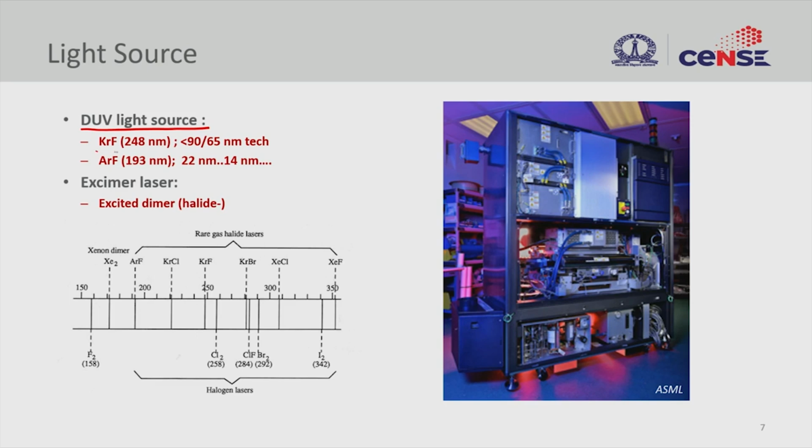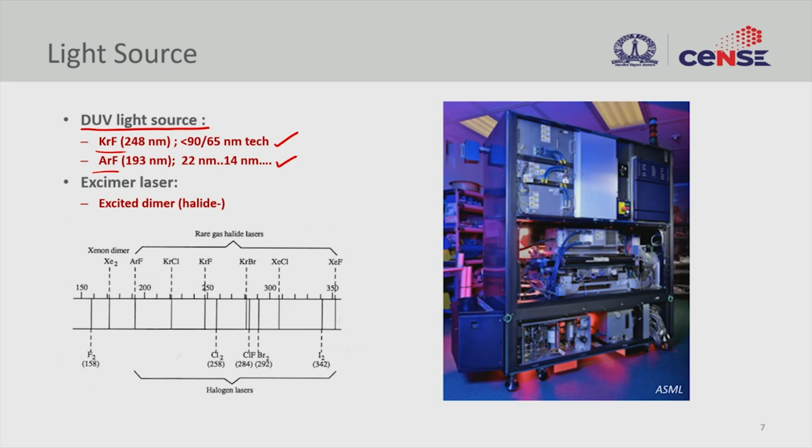So we go to the halide-based excimer lasers, right? Argon fluoride or krypton fluoride gases are used to generate 248 nanometer or 193 nanometer deep UV light, which is used for 90 nanometer or 65 nanometer technology. And right now we are using 193 nanometer for advanced CMOS technology.